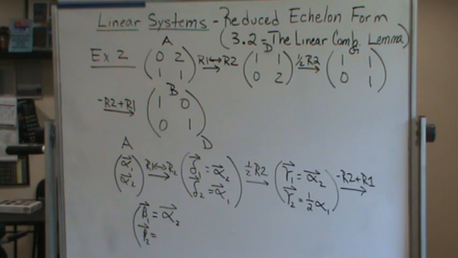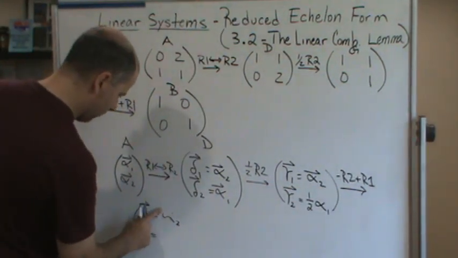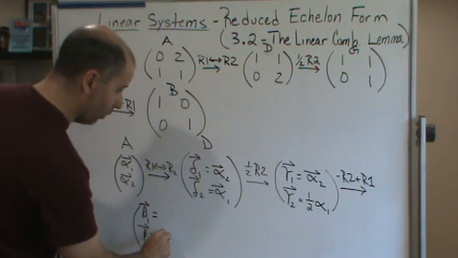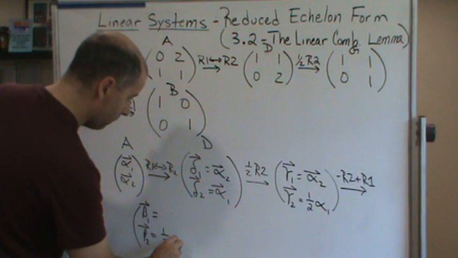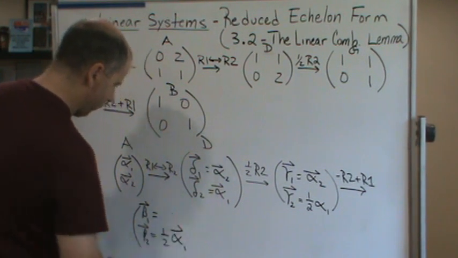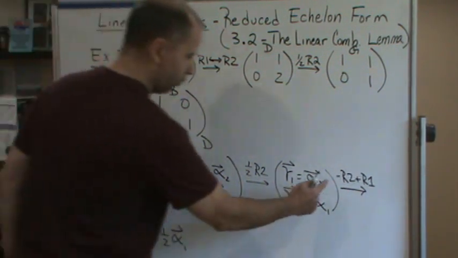Oh, no, I'm sorry. Row 2 is unchanged, so never mind. This is going to stay the same, so it equals 1/2 alpha 1. That should stay the same, because we're taking negative R2.